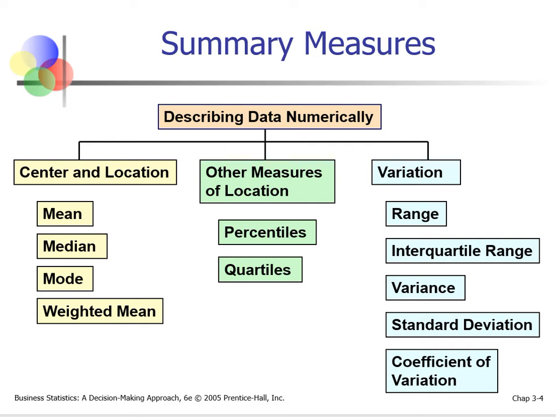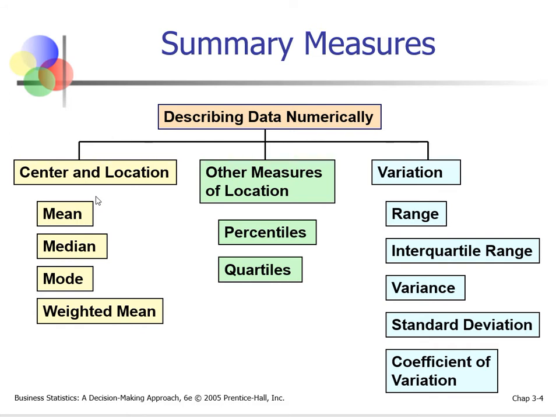So we have the center and location, that is kani siya nga branch. This type of measurement or in describing your data, typically when you say you want to describe your data, 'di ba?